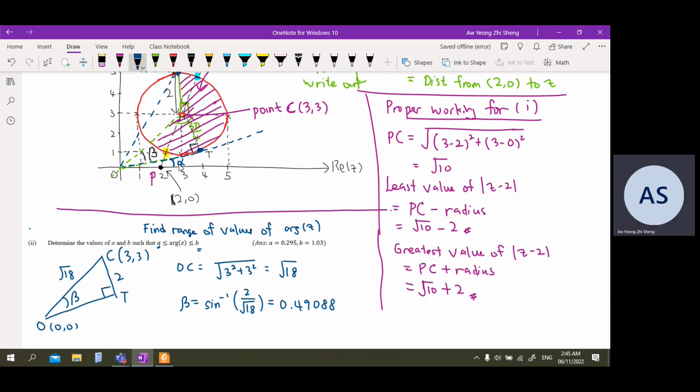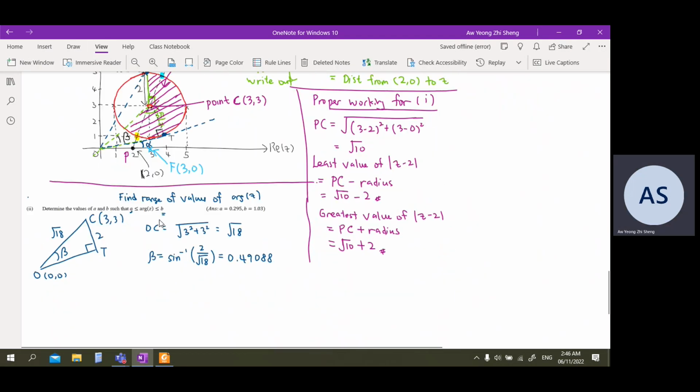Okay. Then how do we get that alpha? Because alpha is what we need eventually. And so we'll make use of this right angle triangle formed by using the point 3, 0. This point, let's just call it point F with coordinate 3, 0.